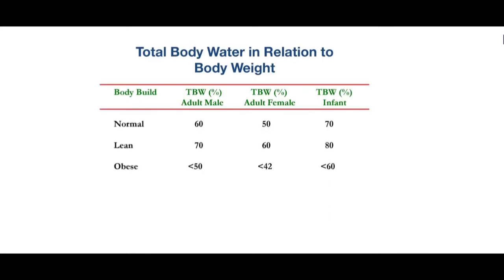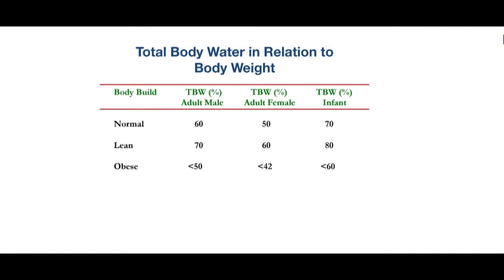Before we begin, one part I want to mention: your total body water will be relative to total body weight and body mass index. Infants' total body water is always going to be higher than an adult's. They are a lot more fluid, buoyant than we are. As you get older, women tend to have less body water than men do, and that body water level will change based on how much lean muscle compared to adipose tissue you have.